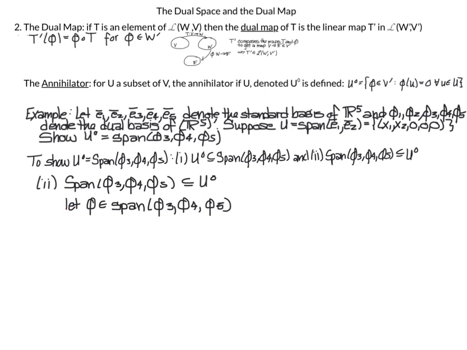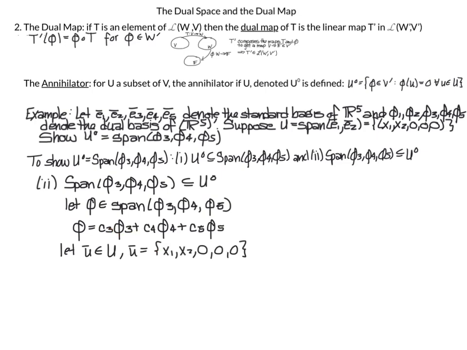So we're going to start by letting phi be in the span of phi3, phi4, phi5, which means phi is a linear combination of phi3, phi4, phi5. Now when we consider a vector u in our subspace U, our vector u is of the form (x1, x2, 0, 0, 0).